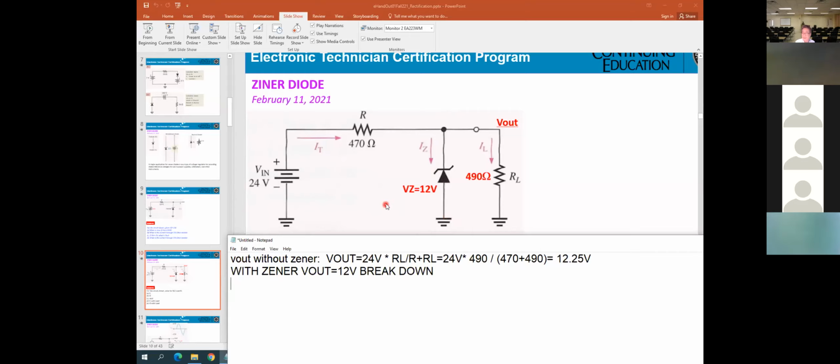Okay, so now if you want to calculate the current flow here, how?